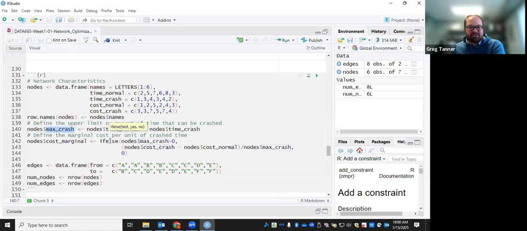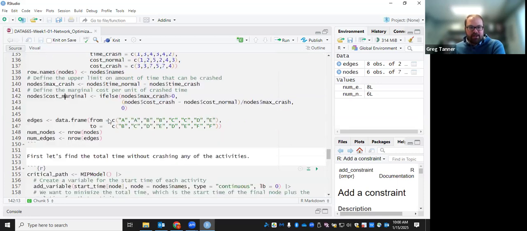This protects against division by 0, making sure that there's some amount of time that can be crashed. If so, then it's the cost when crashed minus the normal cost over the max amount of crashing. That's the marginal cost per unit time that the activity is crashed.